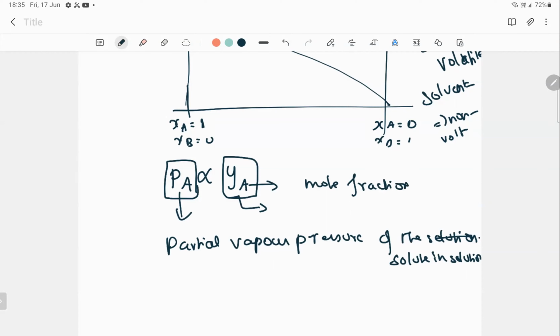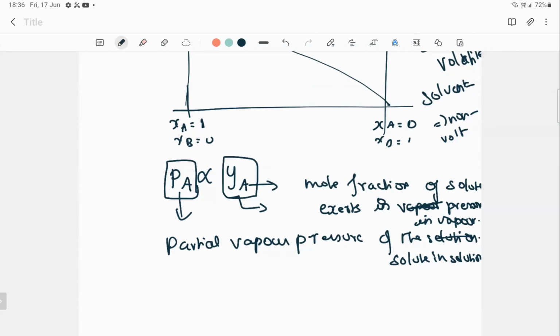Don't think Einstein's equation has changed. So the mole fraction of solute exerts its vapor pressure in the vapor phase. Exerts its pressure in vapor phase like this. So now this is the difference.